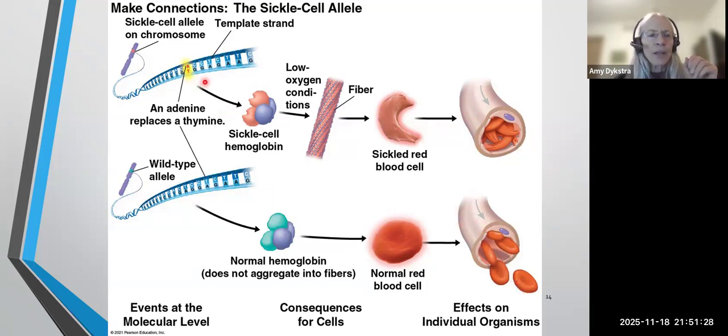So it turns out that individuals who are heterozygous, they have one normal hemoglobin and one mutated hemoglobin. These individuals can live relatively normal lives. They will have some sickling of their red blood cells, but they can survive. And that is because this gene is somewhat recessive, so it is protected.